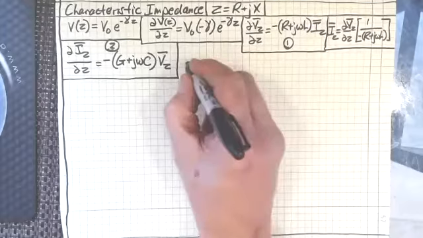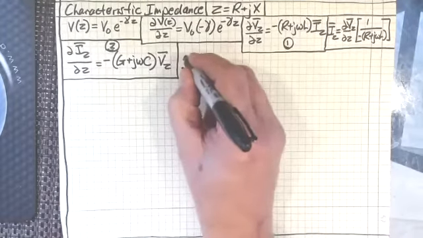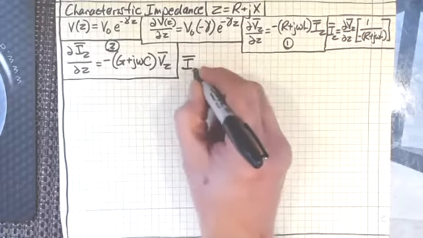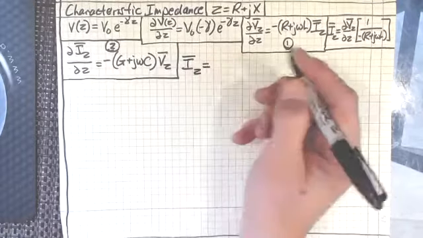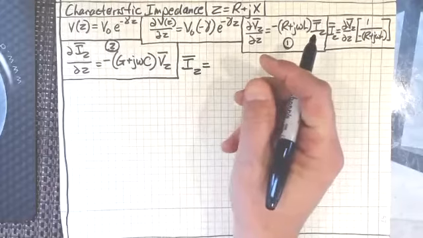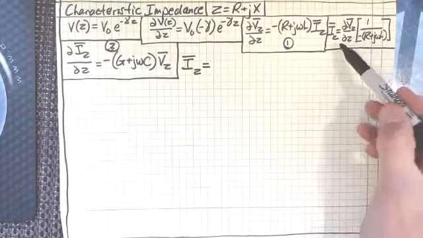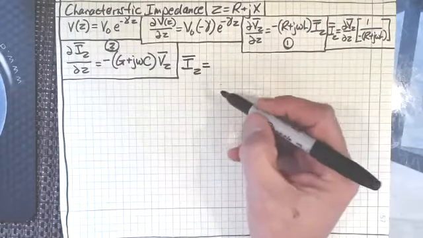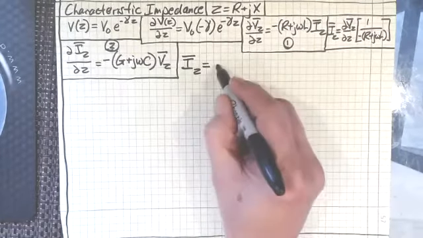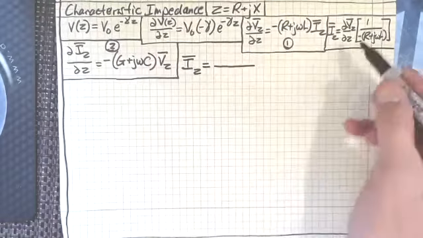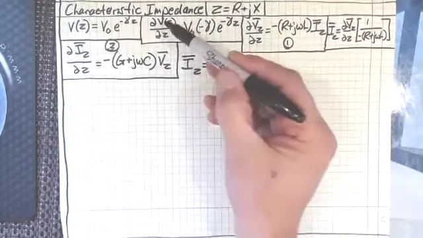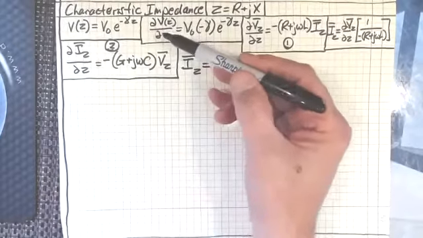and I want to write an equation for I bar sub z, right? We've already got it up here. So it's the partial derivative with respect to z, and that's in the numerator. So partial derivative of v with respect to z. Where have I seen that before? Oh, right there, haven't I?